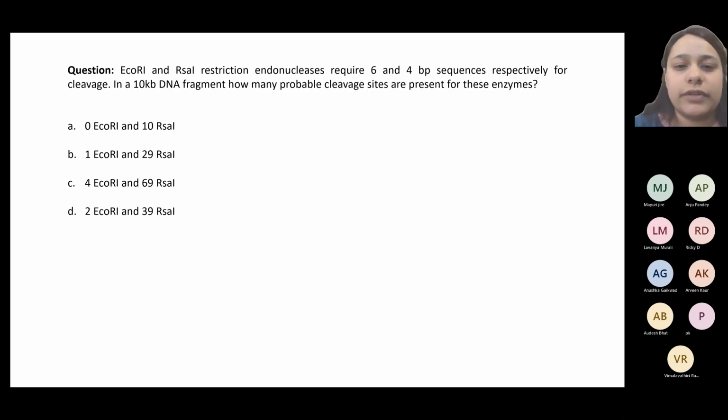Okay. So over here, I hope everybody has read the question about the EcoR1 and RSA1 restriction endonucleases. It says that EcoR1 requires a 6 base pair sequence and RSA1 requires a 4 base pair sequence for cleavage, right?